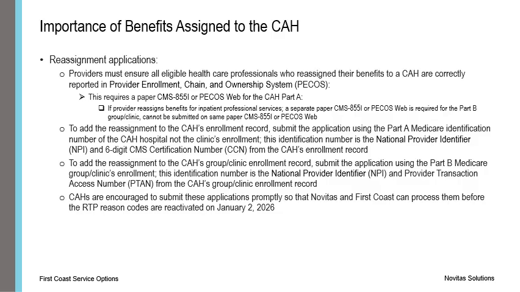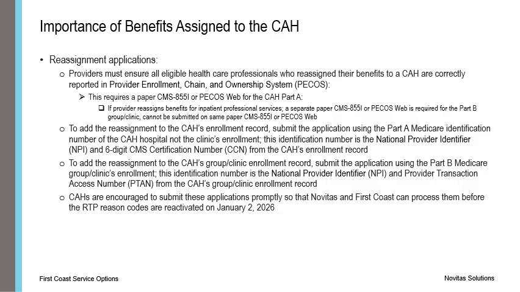This requires a paper CMS 855I or PECOS Web for the Critical Access Hospital Part A. If the provider reassigns benefits for inpatient professional services, a separate paper CMS 855I or PECOS Web is required for the Part B group clinic. They cannot be submitted on the same paper CMS 855I or PECOS Web.